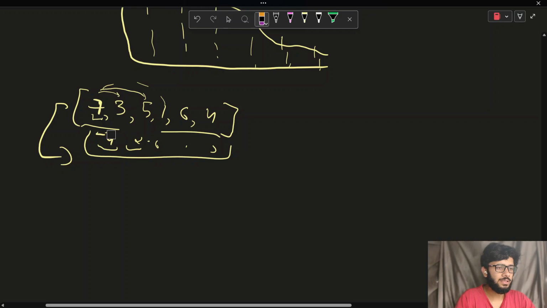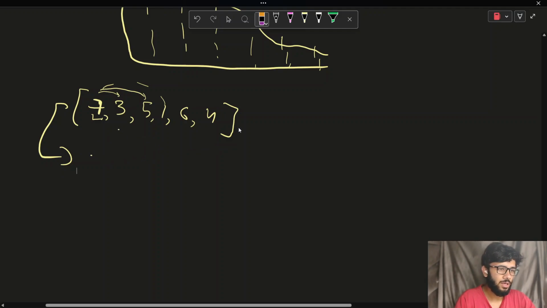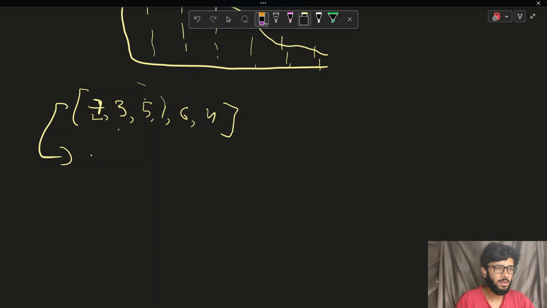Now let's erase this and find out the second one. But if we buy the stock on the second day, what can happen? If we buy the stock on the second day, what will be in front of us is 3. And now I can't go back actually. From here you might think, okay, what if we find the min and max in the array?